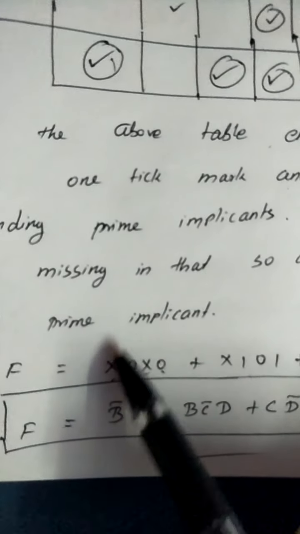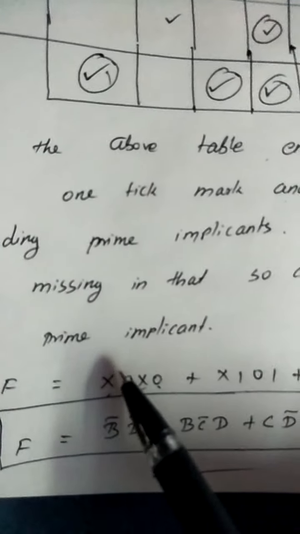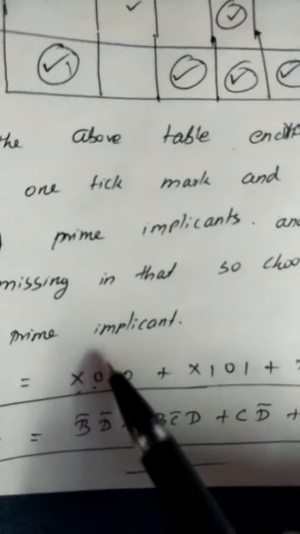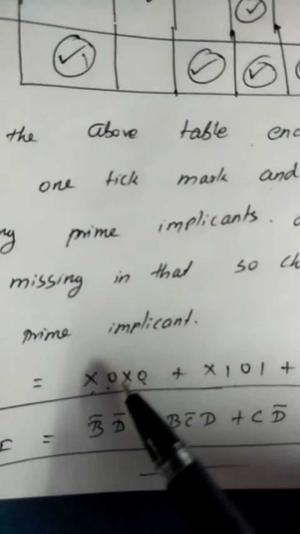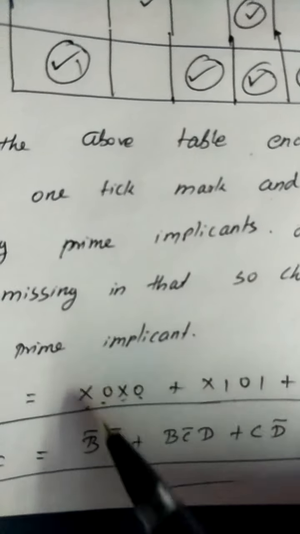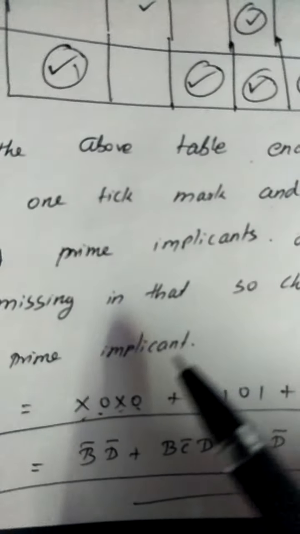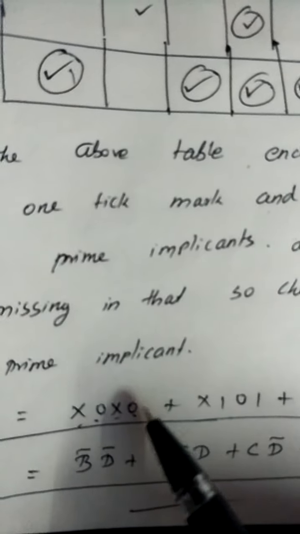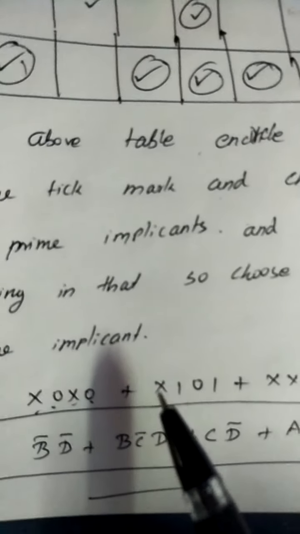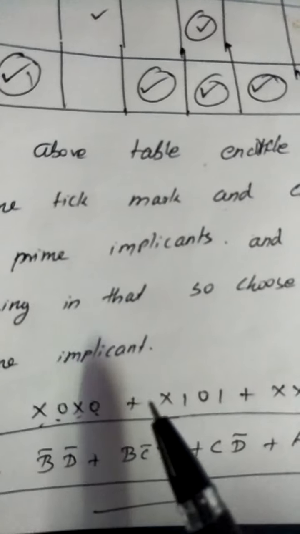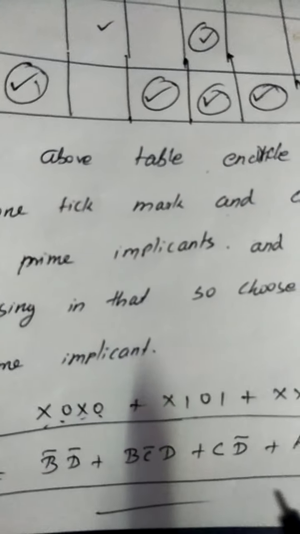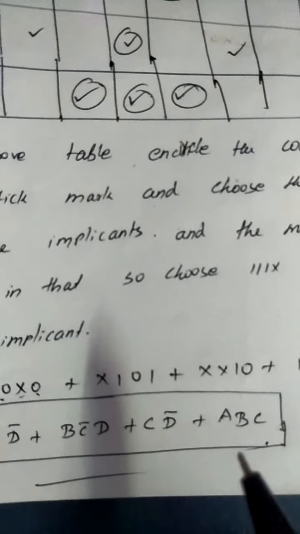In the A position x is there, so there is no A term. In the B position 0 is there, so we write B bar. In the C position again x is there, so there is no C term. In the D position 0 is there, so D bar. Similarly, the next ones are B C bar D, C D bar, and the last one is A B C. Likewise we solve this problem.